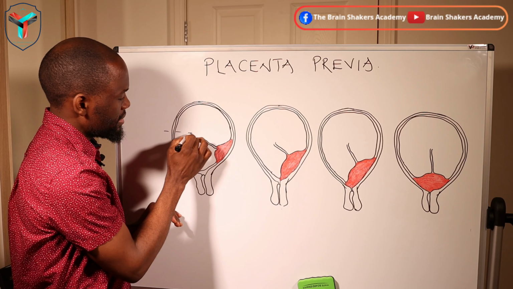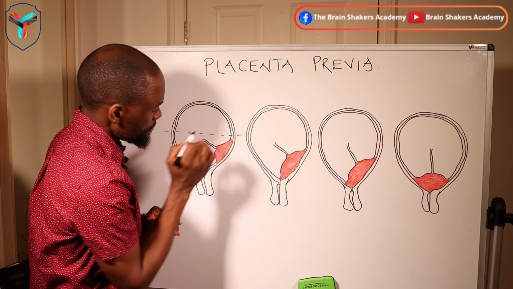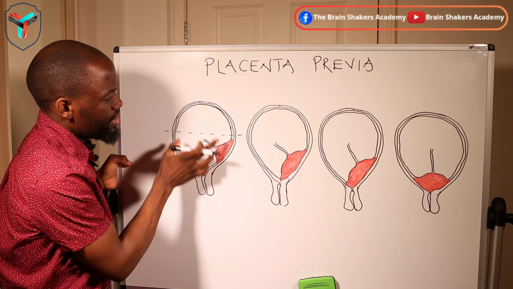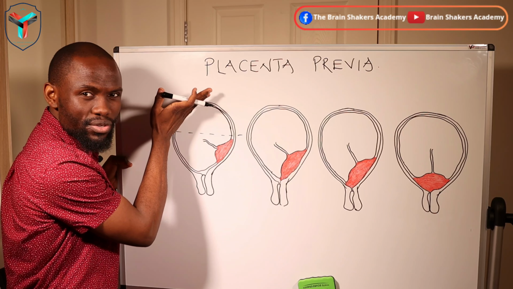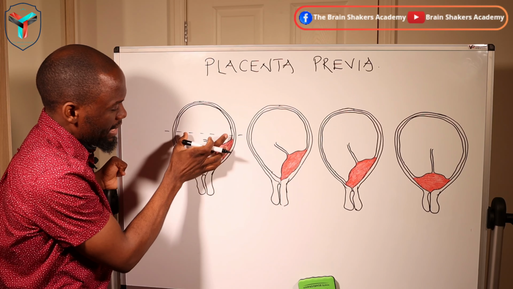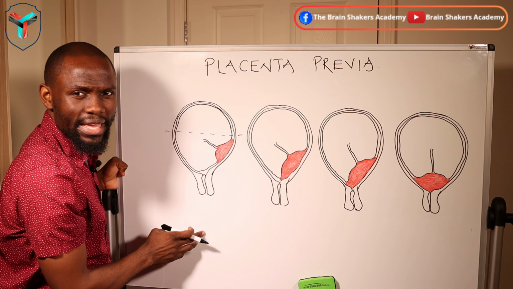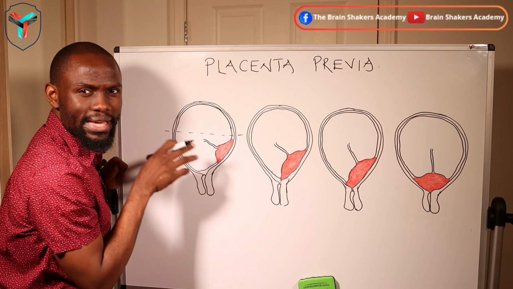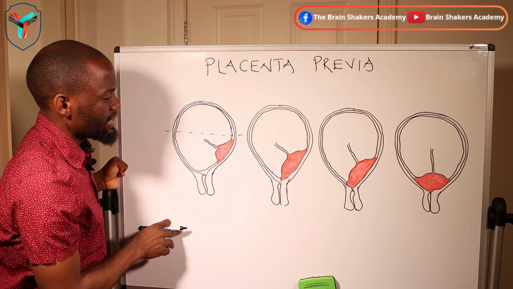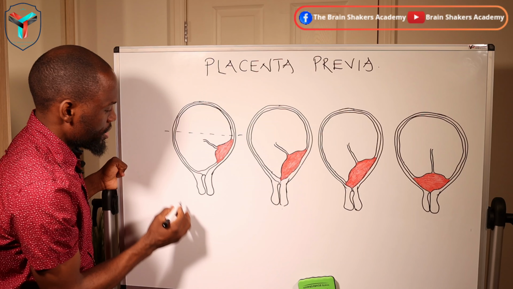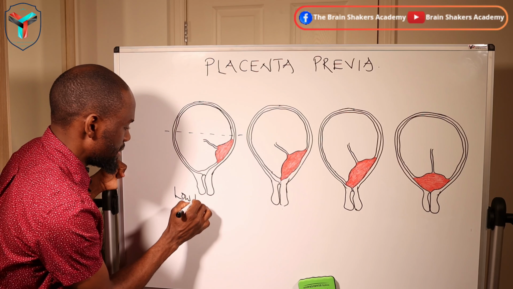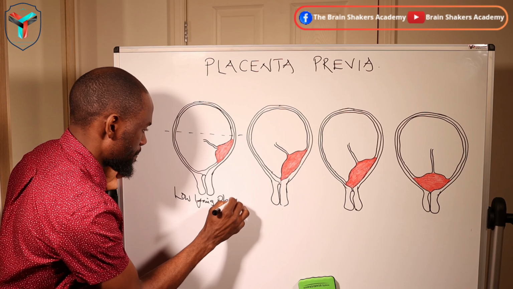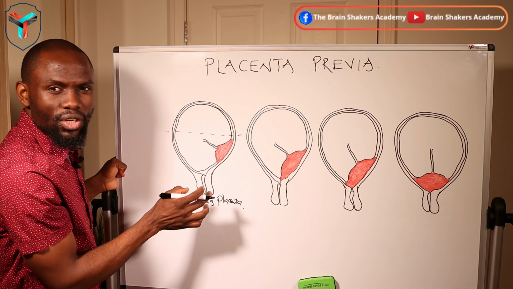If we take this as the half of the uterus, then you will note that the upper uterine segment is left open, and the bottom uterine segment, which you call the lower uterine segment, is where the placenta has gone on to implant itself. So this is what we are going to call a low-lying placenta.